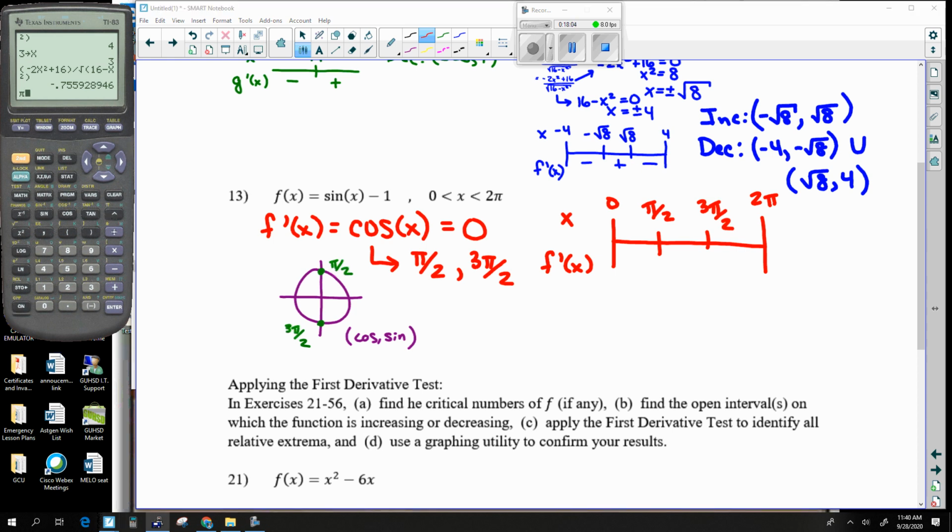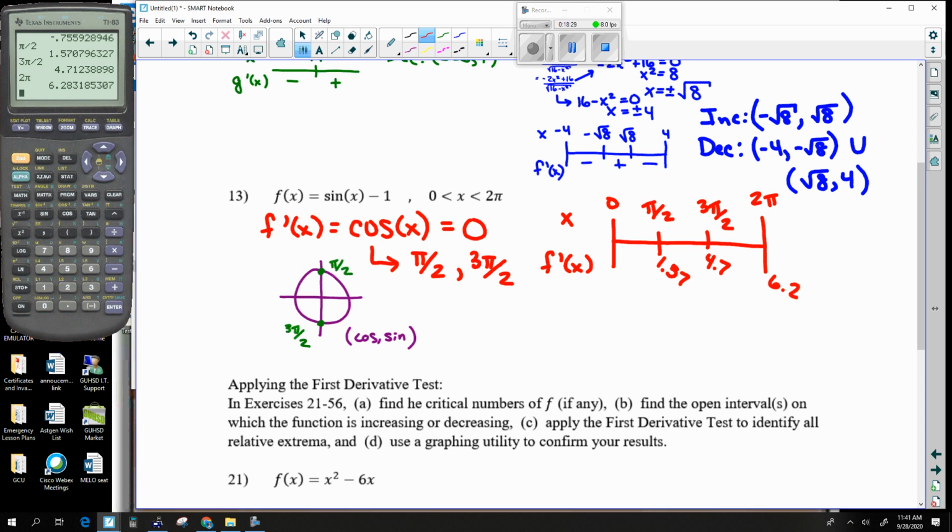To get a rough idea of what these numbers are, pi over 2 is 1.57-ish, and 3 pi over 2 is 4.7-ish, and 2 pi is 6 something, 6.2. Just keeping those in mind.